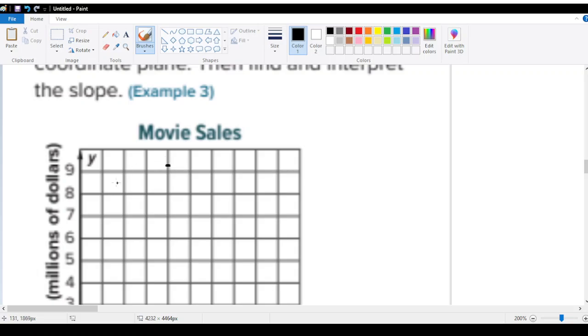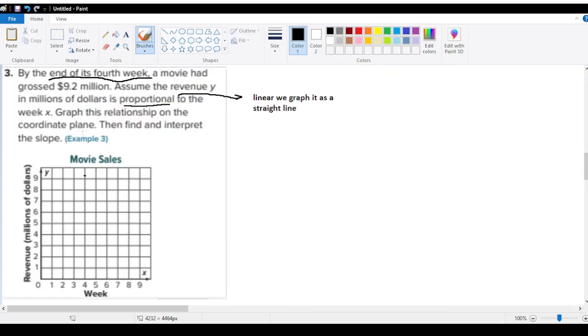Right? Yes. Okay. Now, assume the revenue in millions of dollars is proportional to the week x. Graph this relationship on the coordinate plane, then find and interpret the slope. Now we will connect these 2 points.